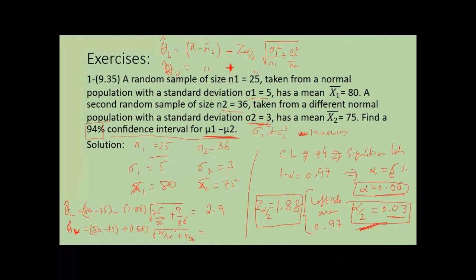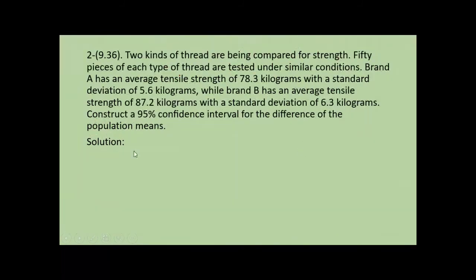When you add this error to x1 bar minus x2 bar, you will get 7.1. Now we got the interval. So the answer, ANS stands for answer: 2.9 less than mu1 minus mu2 less than 7.1. This is your answer. So we are done with this problem, right? Next problem.